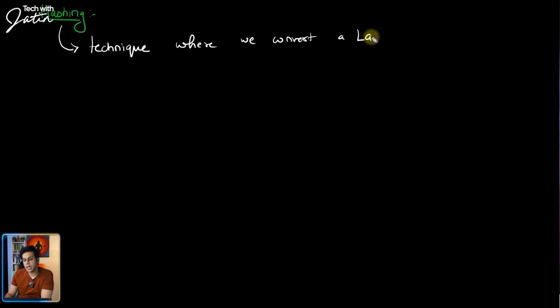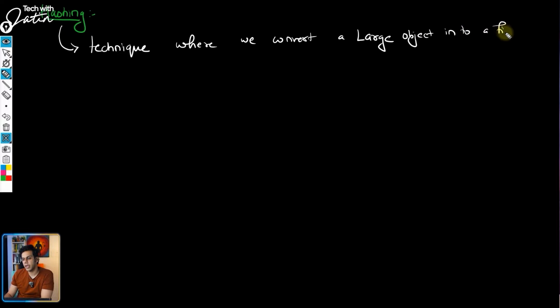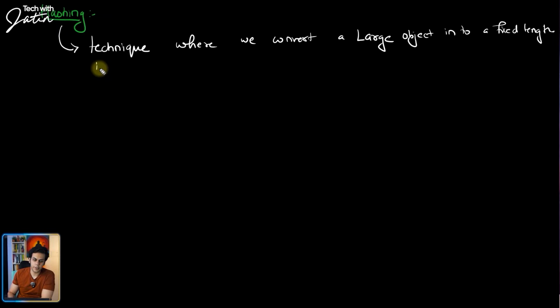What is hashing? As I said, hashing is basically a technique where we convert a large object into a fixed length integer value.